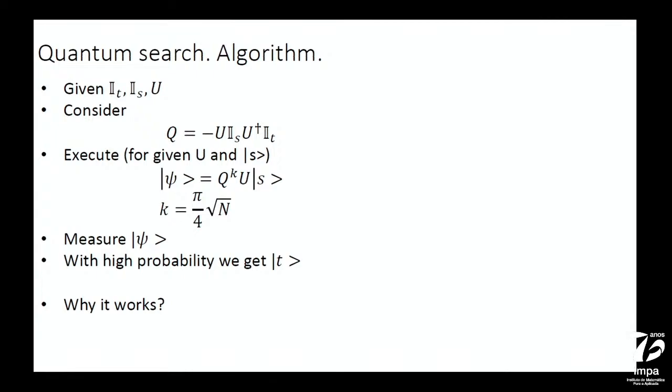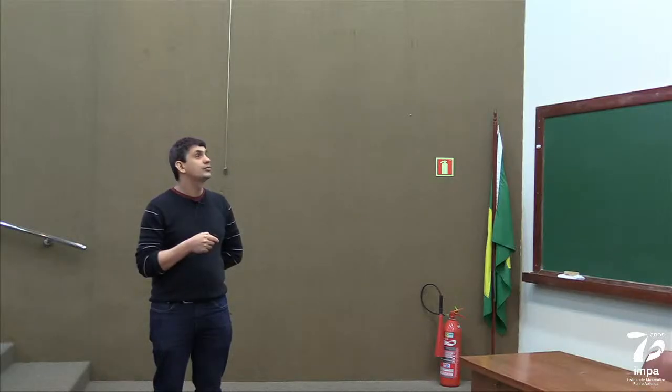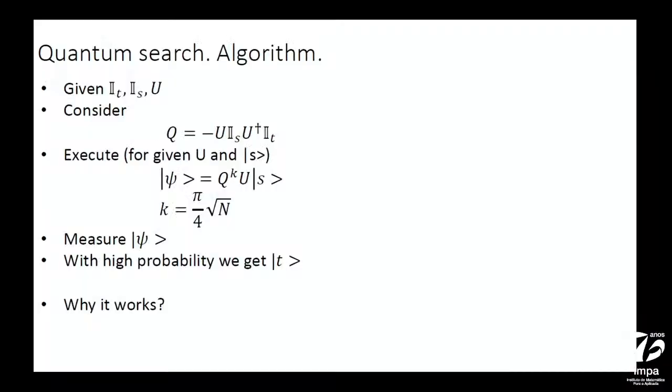So I assume that I have not only this black box IT, but also an implementation of a white box IS. It is my job to implement IS. S I know, and it's a similar thing. We just invert the sign of one of the elements of the basis, and this element is 0.